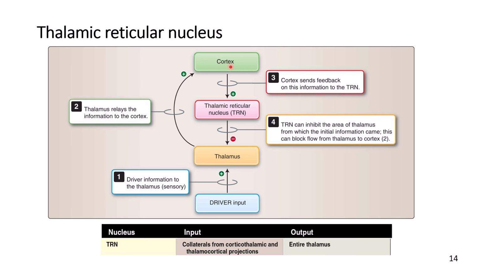So then the cortex sends positive signals through the thalamic reticular nucleus, and the TRN is actually inhibiting other nuclei there. So that way the thalamus does not need to resend the same information, because the cortex wants to concentrate on a few stimuli.